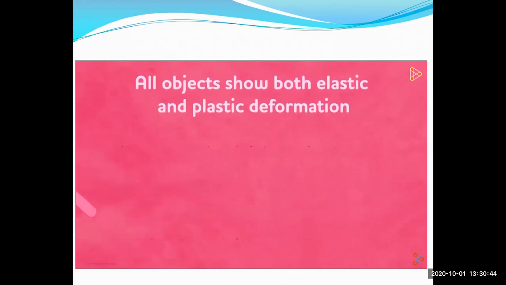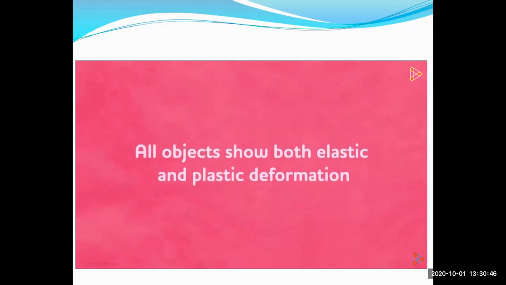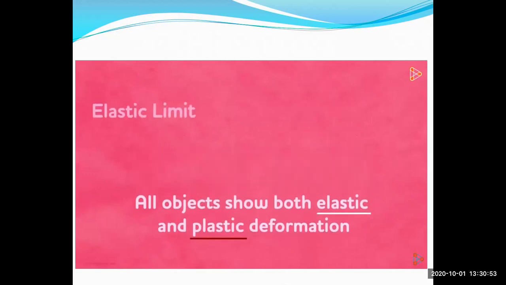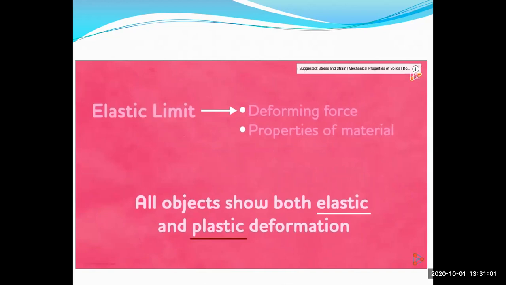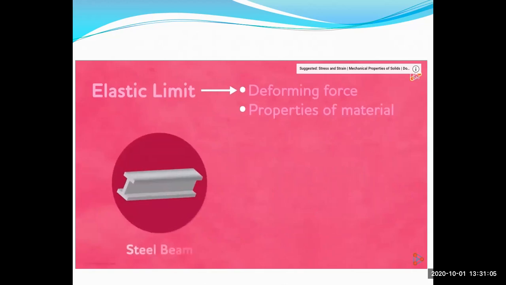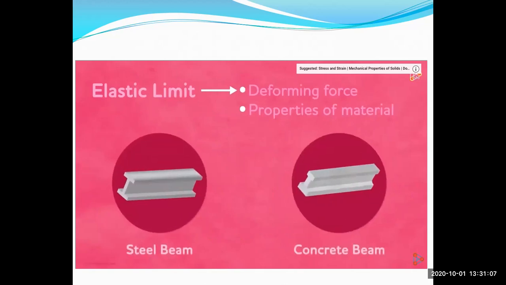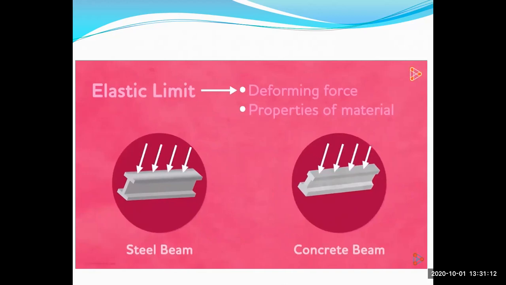Spring is like a common example. Generally, almost every object shows both elastic as well as plastic nature. The elastic limits depend on the deforming force applied on the object and the properties of the material they are made up of. And it is important for engineers to note the elastic limits of things such as metal beams and concrete. That is, the limit to which they can uphold the load without getting permanently deformed or cracked.